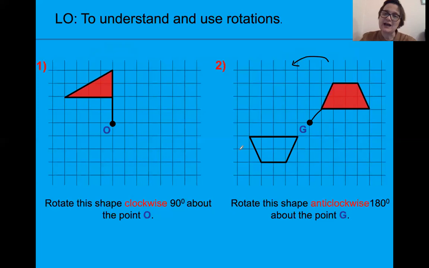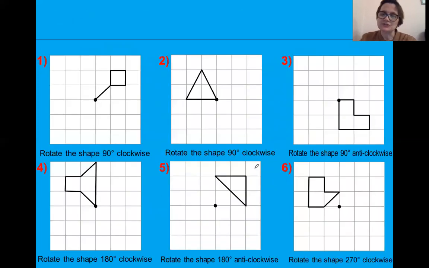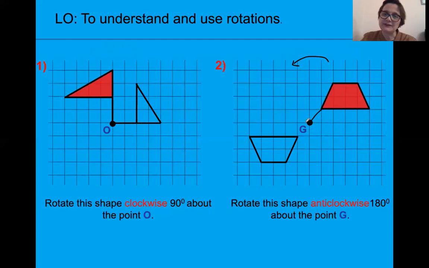After you spin it, the new shape is going to appear right here. Can you see? And this is the 180 degree angle. It is rotated 180 degrees anti-clockwise.